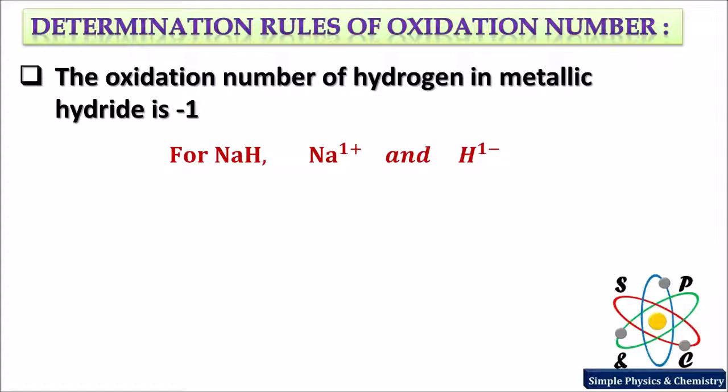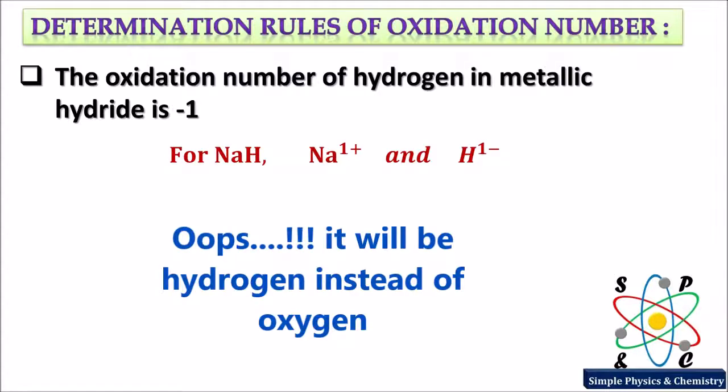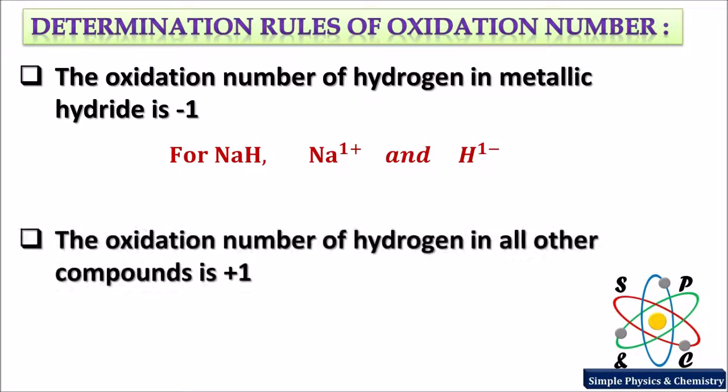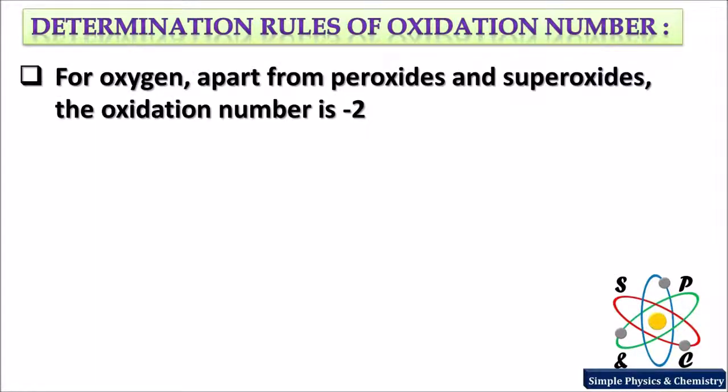Here hydrogen takes one electron, so its oxidation number is -1. In other compounds hydrogen will always have a +1 oxidation number, like HCl, where hydrogen is +1 and chlorine is -1.